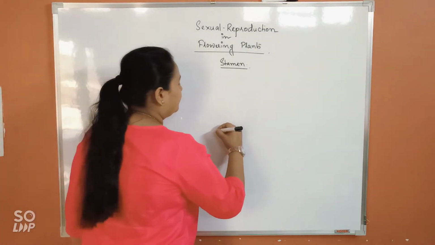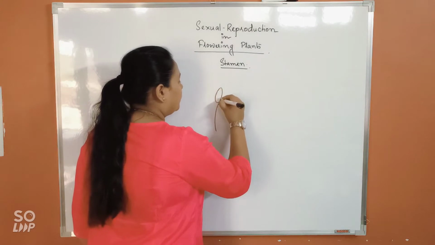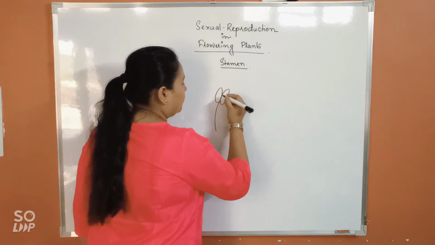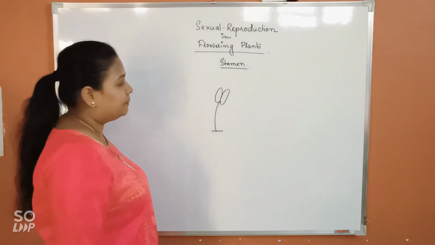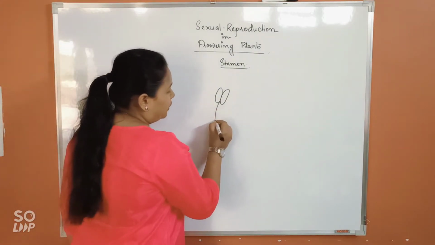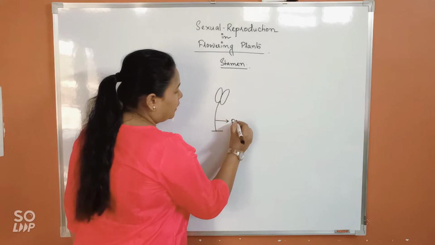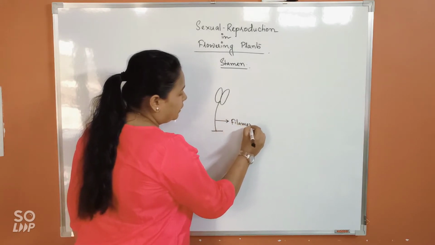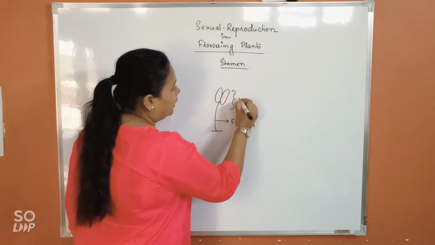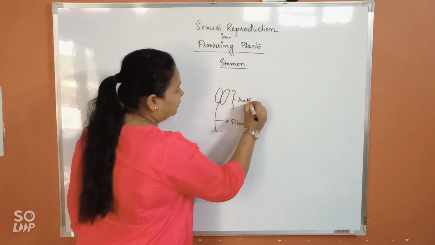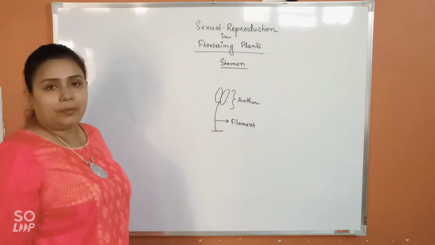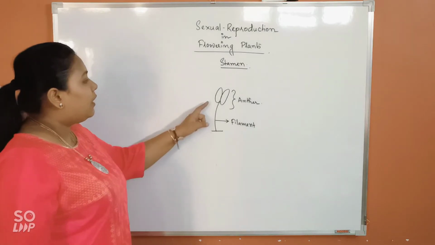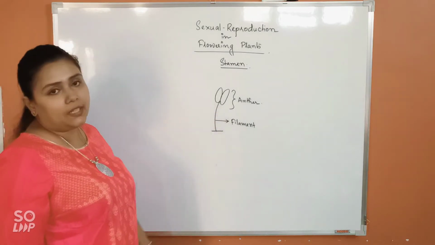Stamen is the male reproductive unit of the flower. It consists of two parts, filament and anther. In most of the flowering plants, there are two lobes present in the anther.